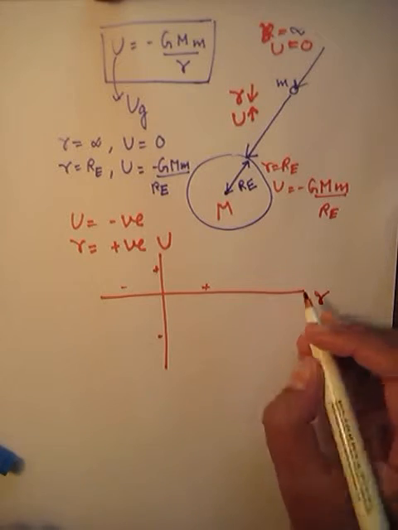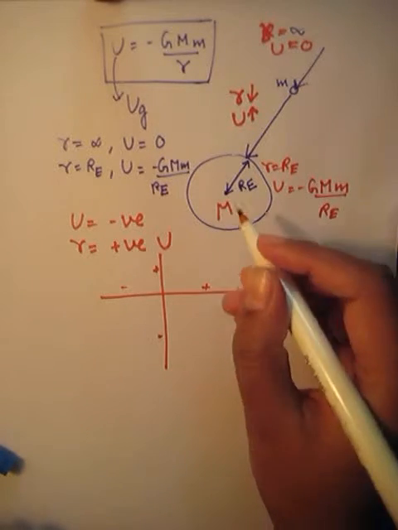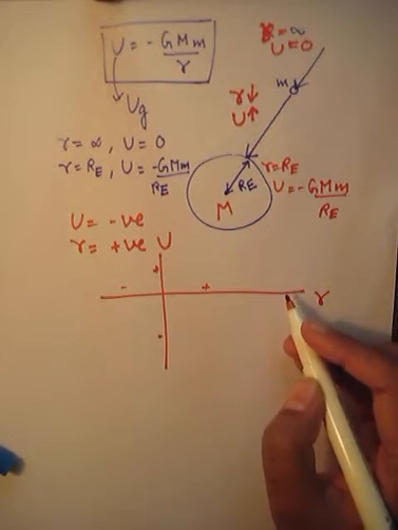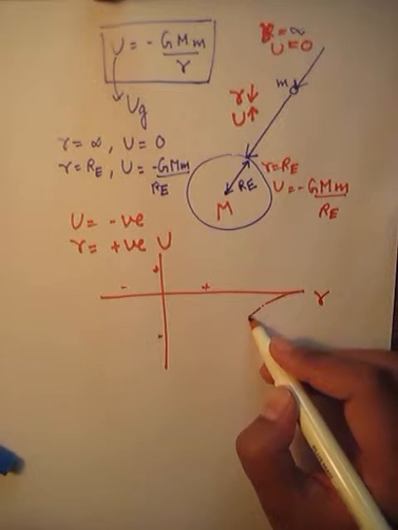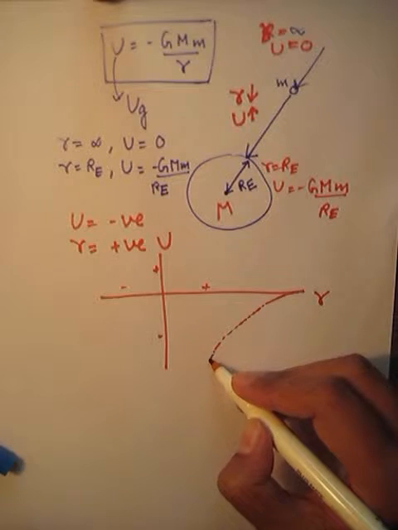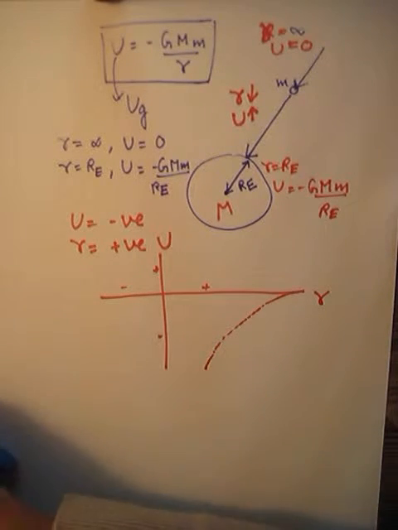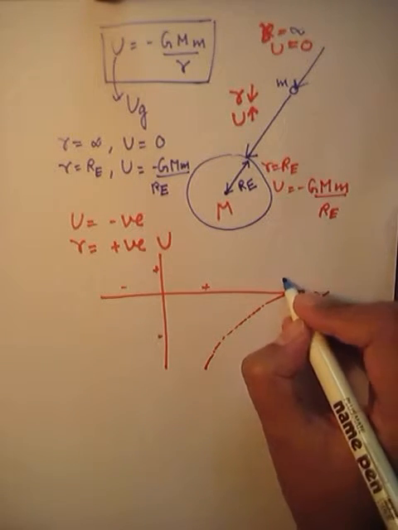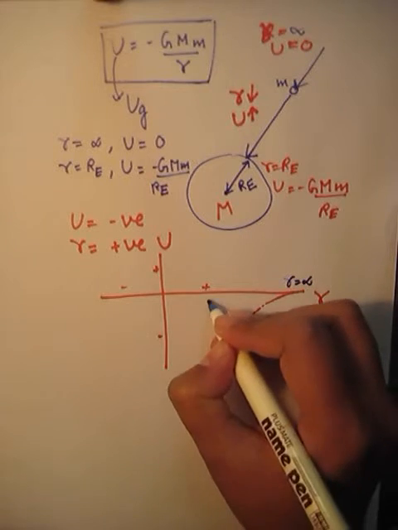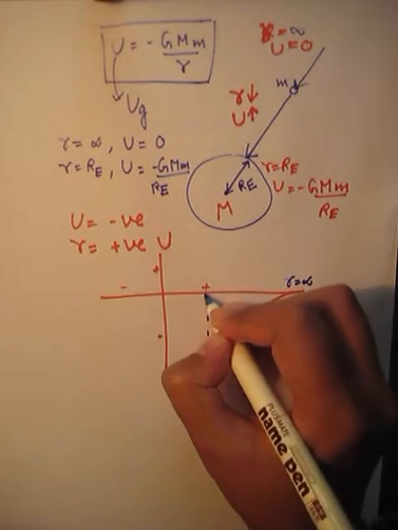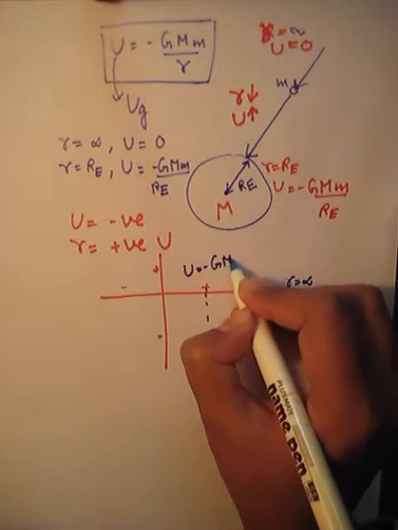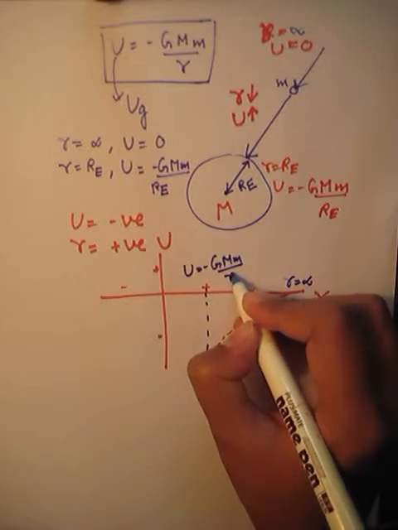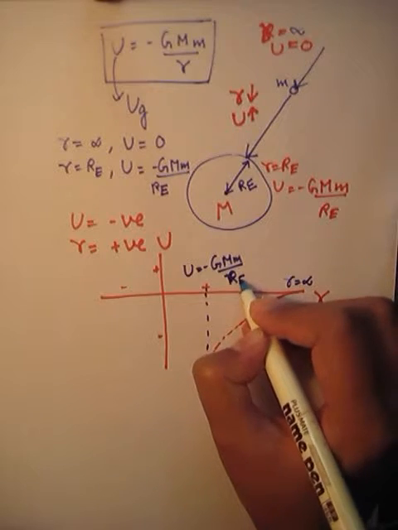Let's say at infinite distance you have a potential energy of 0. Then it will decrease, and on the surface of Earth it will have a certain value, minus G capital M small m upon the radius of Earth.